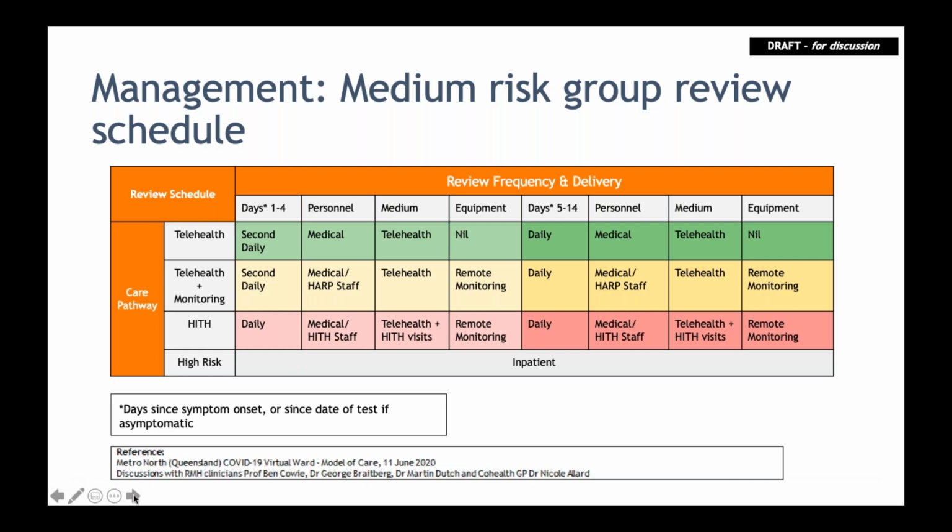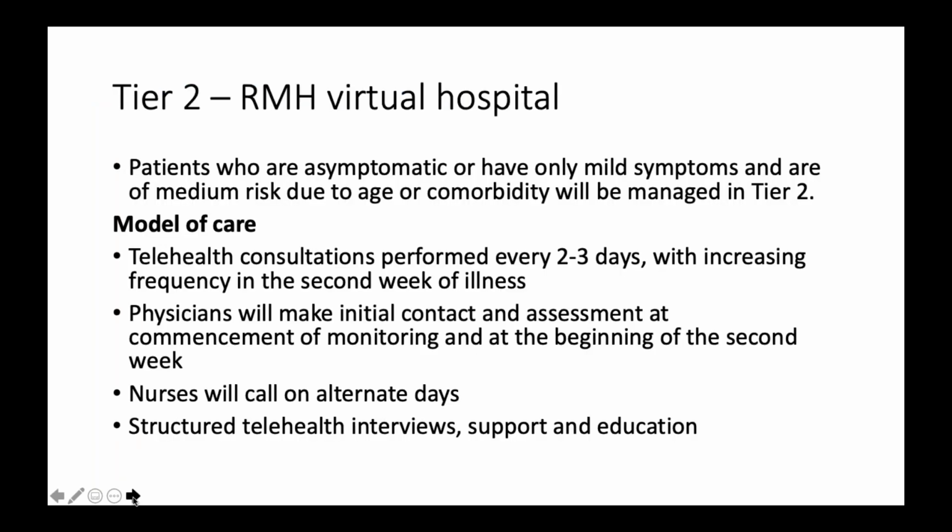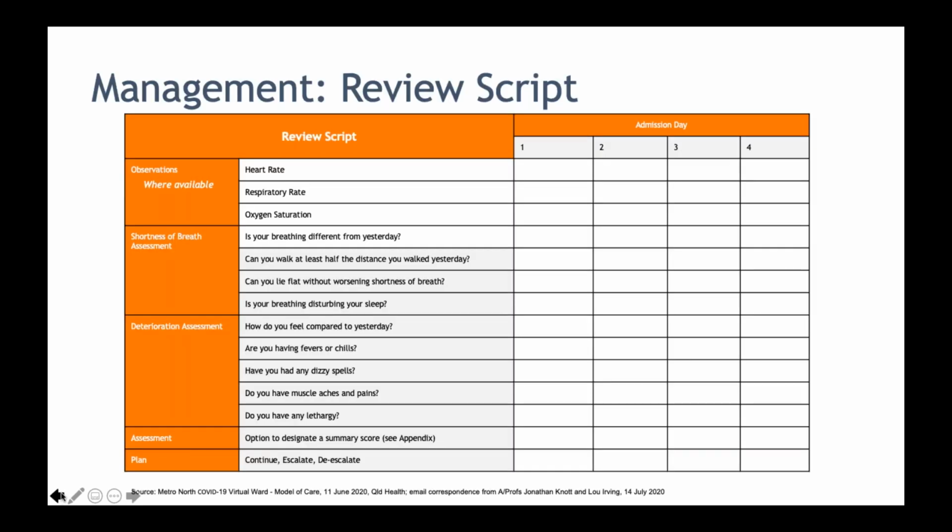We're really evolving now, looking at what COVID looks like in the coming months, and as Nicole mentioned, management of chronic symptoms is going to be a big issue. So we are looking at multiple clinical parameters that will allow us to track over time and make a score from those numbers, and have clear escalation triggers to either higher up within the medium stream or to become an inpatient.